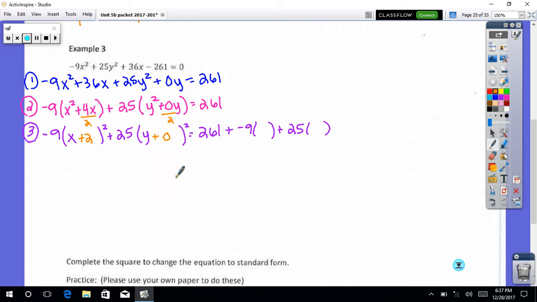Again, we get 0 here, so it's not going to hurt anything. 2 squared is 4, 0 squared is 0. When I simplify, and that whole right side is 252.